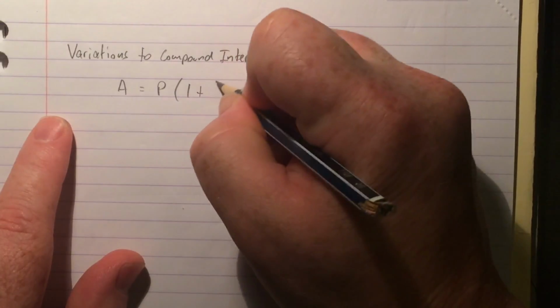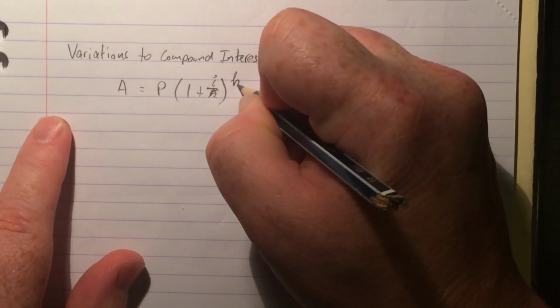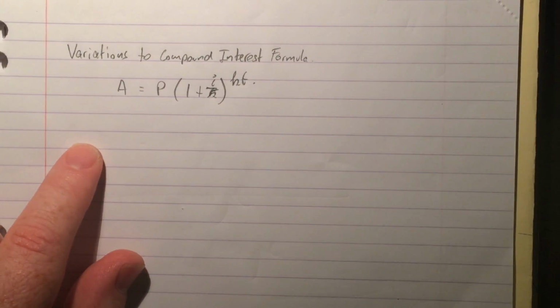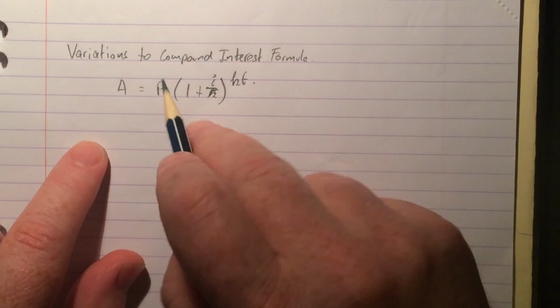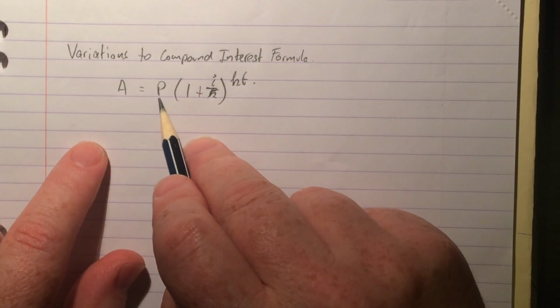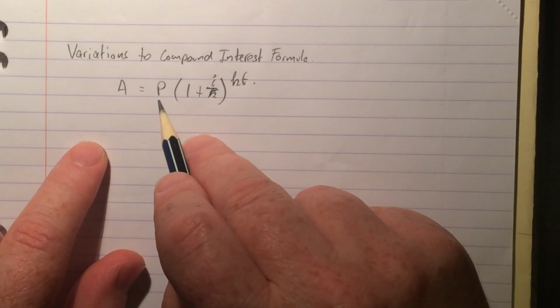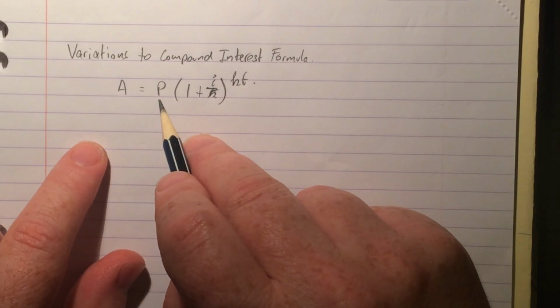A equals P outside of 1 plus I over K to the power of KT. The first variation that we'll do is the easiest one, where we're going to rearrange the equation to set P, the principal, as the subject of the equation.